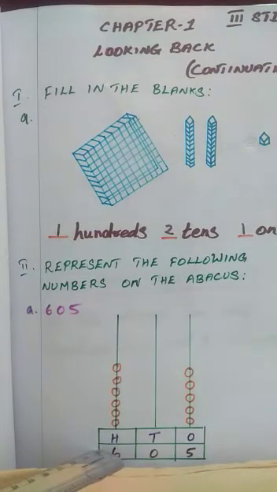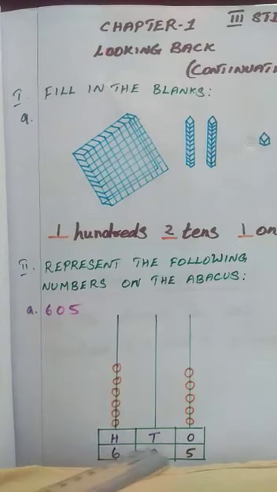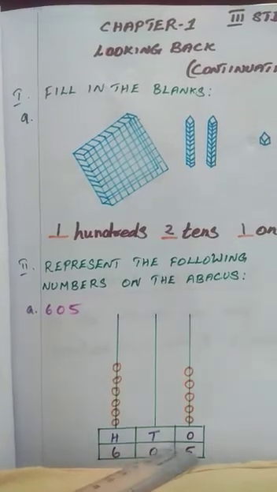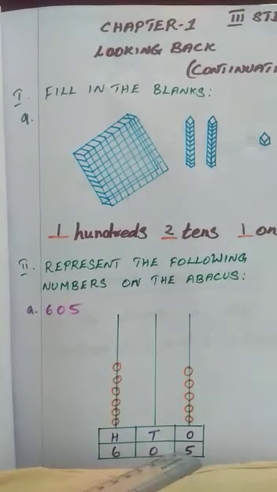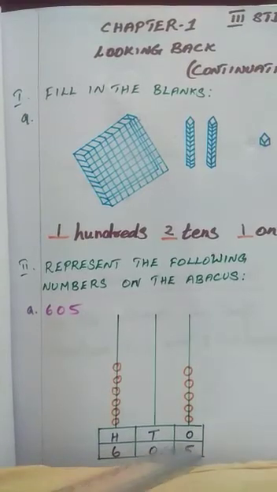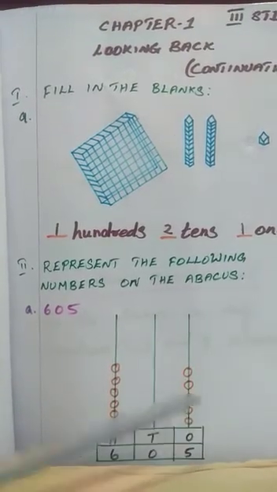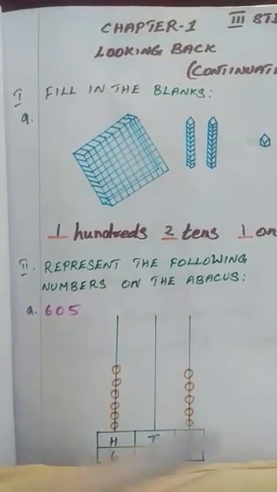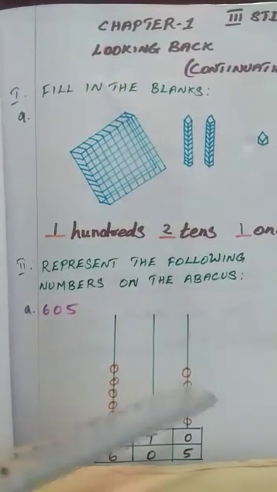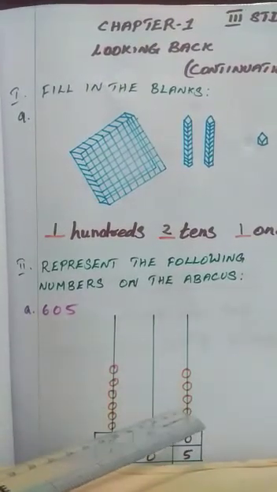Now you have to draw the beads for the number. What number is in the ones place? 5. So you have to draw 5 balls on the ones place string.